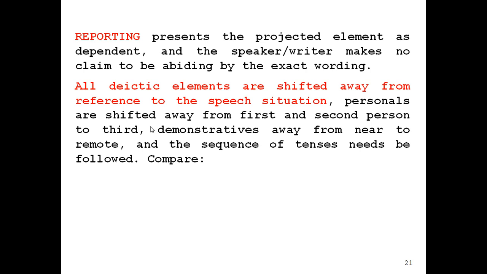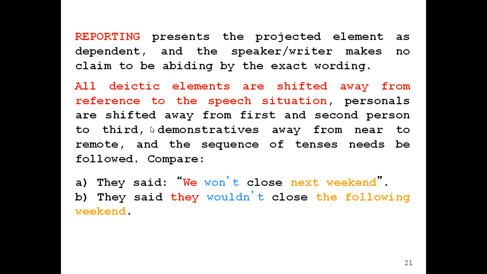Okay, so it's not the speech situation that counts, it's the tense that's established by the main clause that counts. It's consecutio temporum. Okay, so let's see an example, because you know that these things are always clearest if we see an example rather than talk about it over and over again. So let's see the first example.